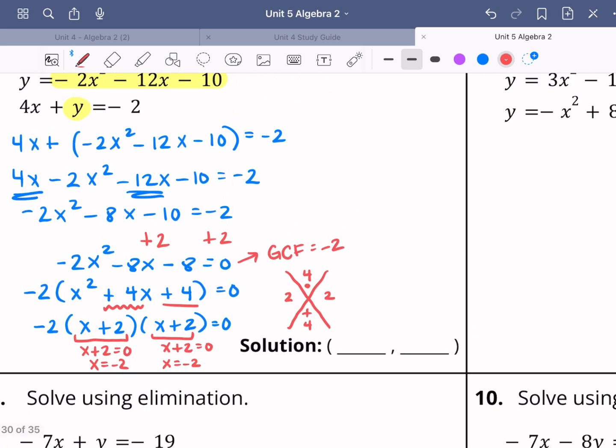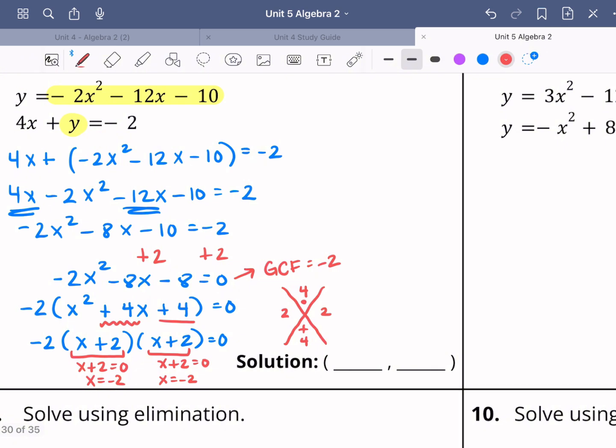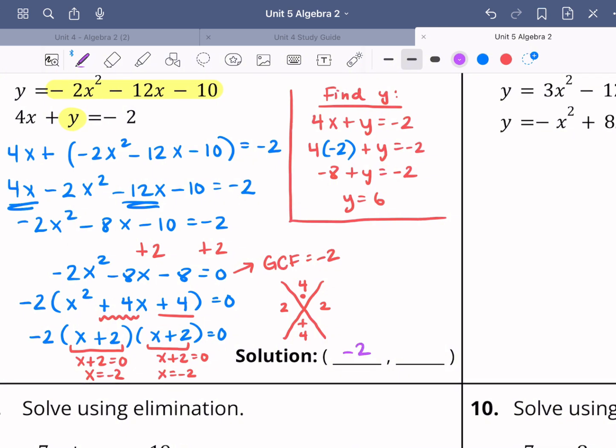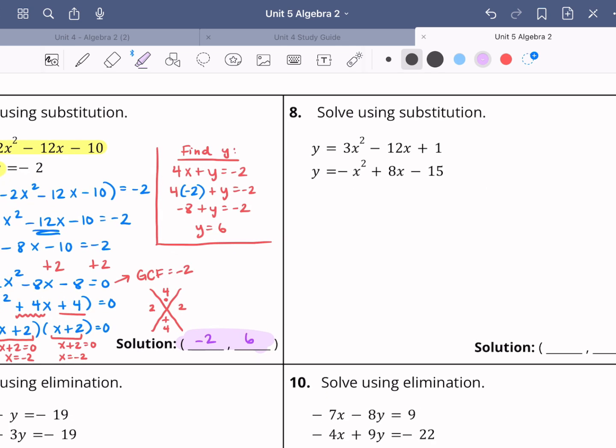But in this case, it's okay. We don't have to do it twice. This just means we have one answer in the end. Let's find y. I'm going to use the second equation because it just looks a lot easier. So my final answer is negative 2, comma 6. Let's take a look at number 8.